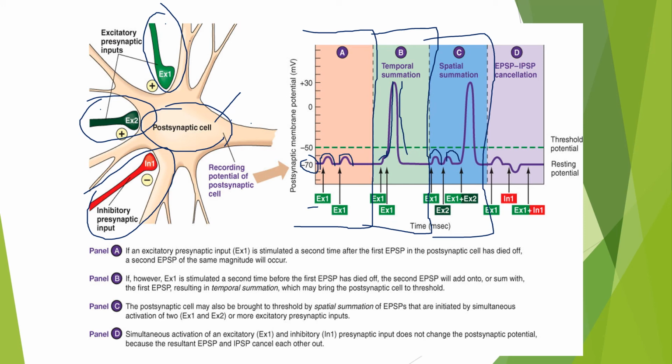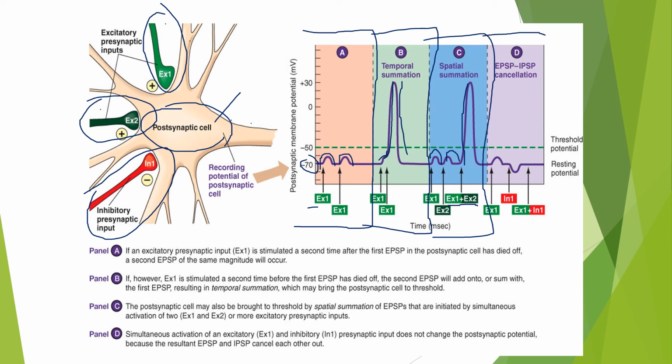But if they work together at the same time and release their excitatory neurotransmitter, then that's going to cause depolarization that will be able to meet threshold and thus generate an action potential for that postsynaptic cell.